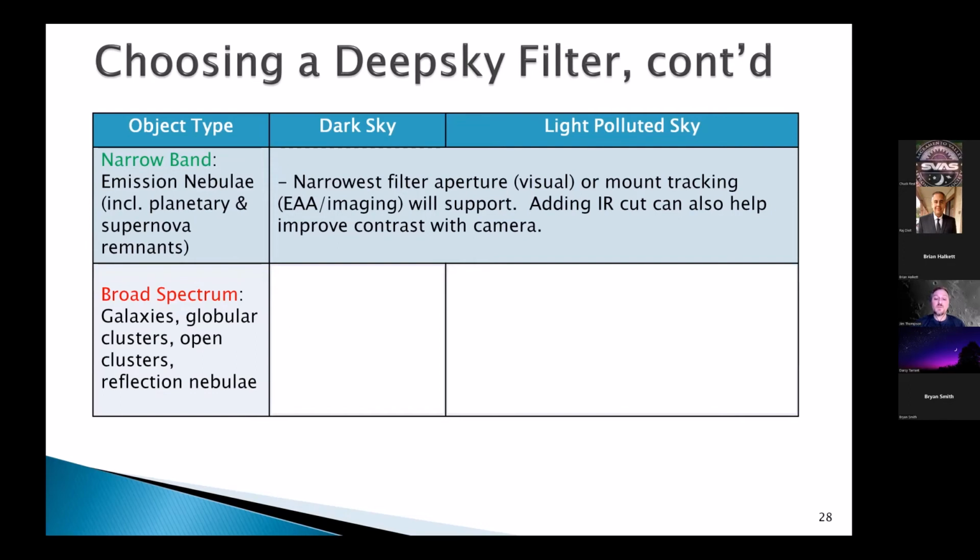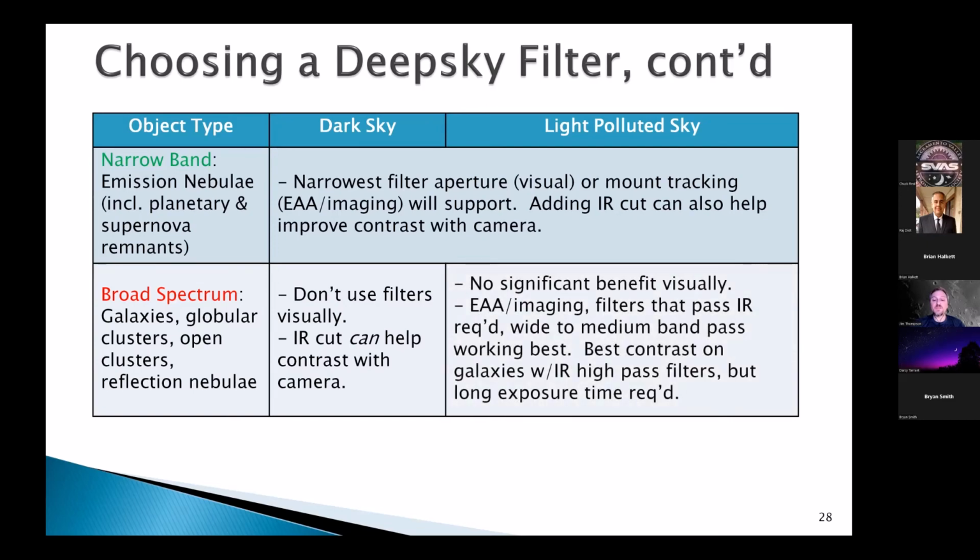If you are observing broad spectrum objects from a dark sky, don't use any filters for visual observing. If imaging, an IR cut filter can help contrast, but the improvement is small. If visually observing broad spectrum objects from a light polluted location, yeah, I'm afraid there isn't a filter that can help.